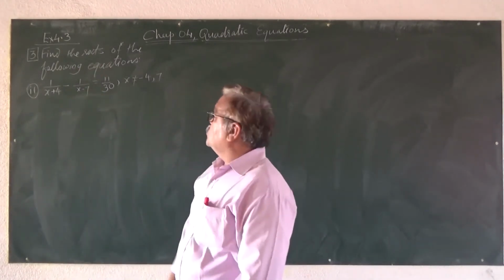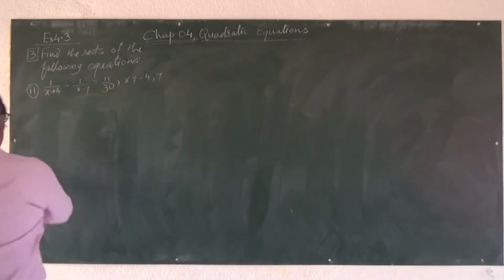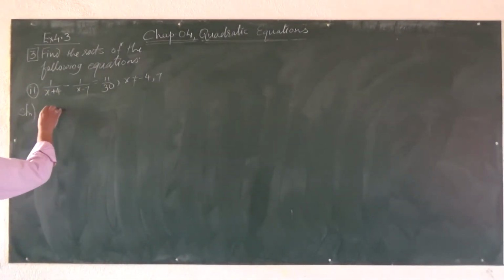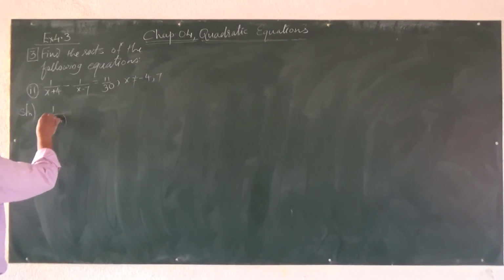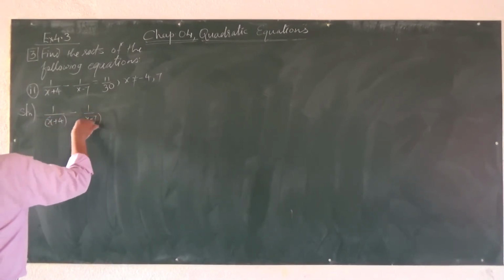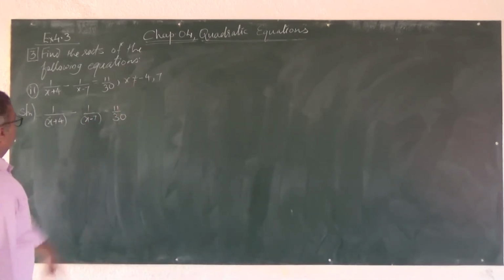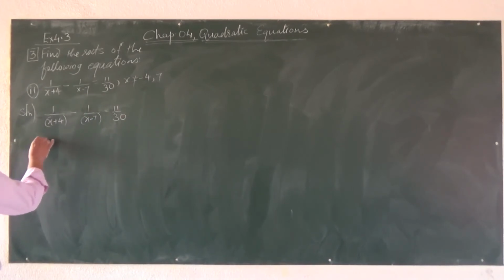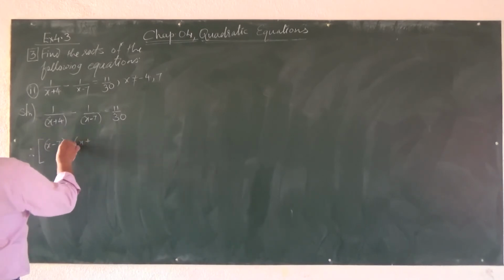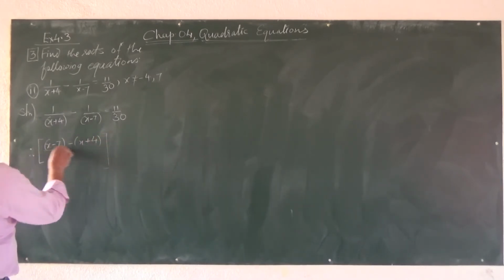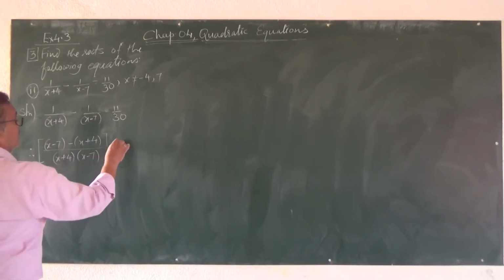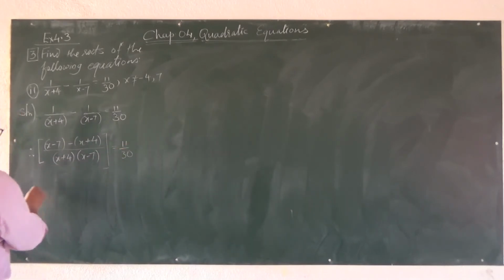Let us solve. Now how to solve this? Okay, no need to write this condition. Now simplify this. Cross multiply: x minus 7 minus x plus 4 upon x plus 4 into x minus 7, equal to 11 upon 30. See what you are going to get.